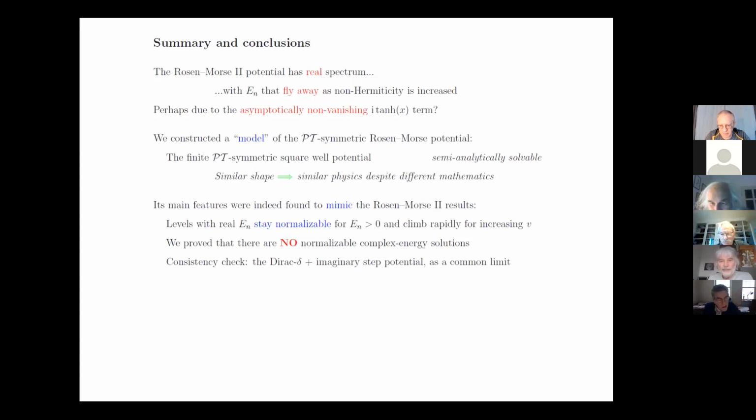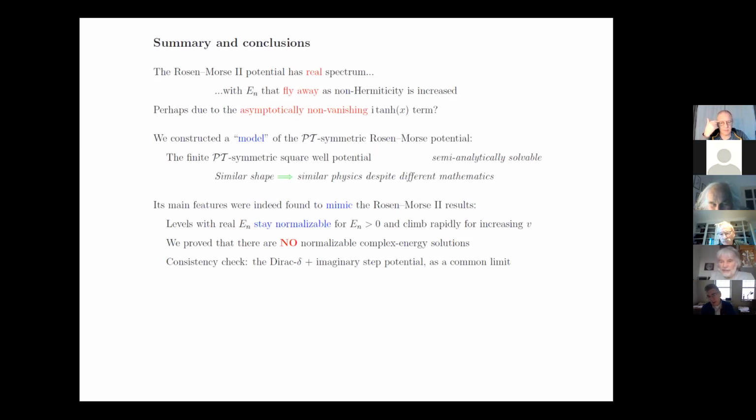Carl: Can I just ask, when you say there are no normalizable solutions, you mean normalizable on the real axis, or normalizable in that the envelope goes to zero? On the real axis, yes.